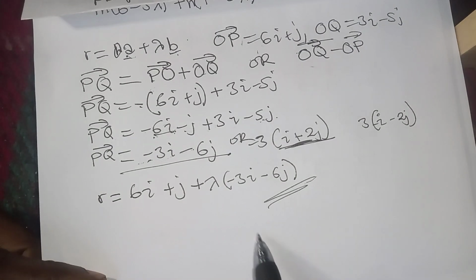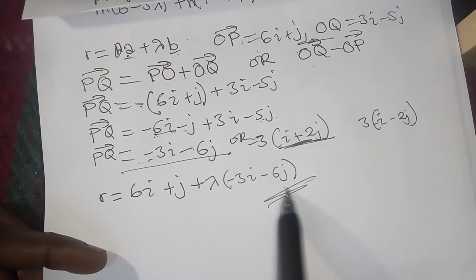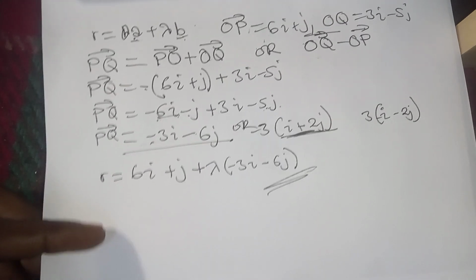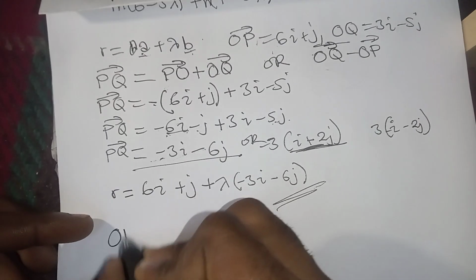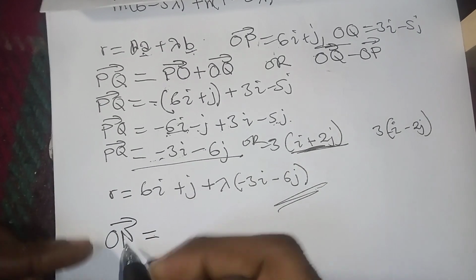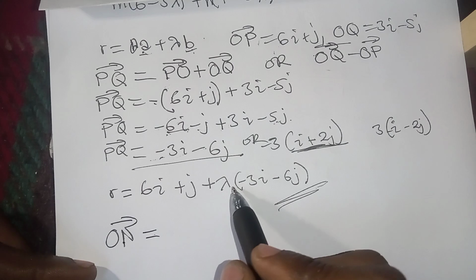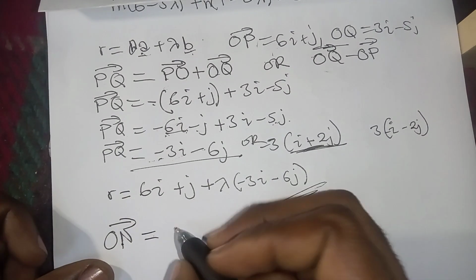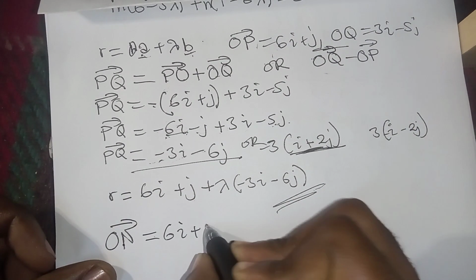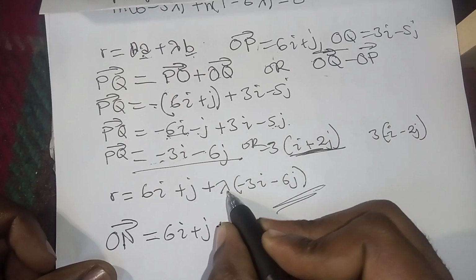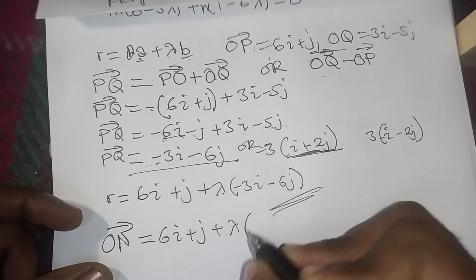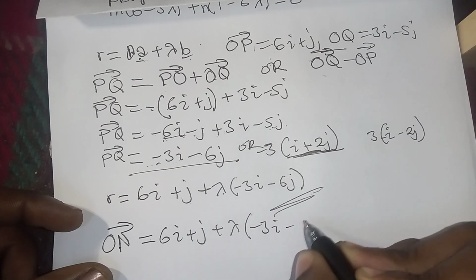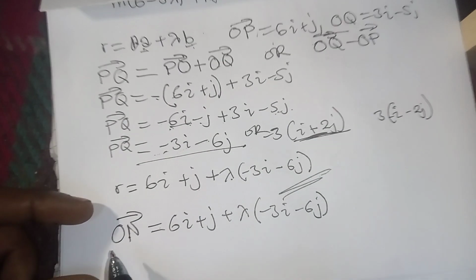So that means there is some lambda which should satisfy this equation to give you your ON. So in other words, you can find your ON by finding an appropriate lambda for this.